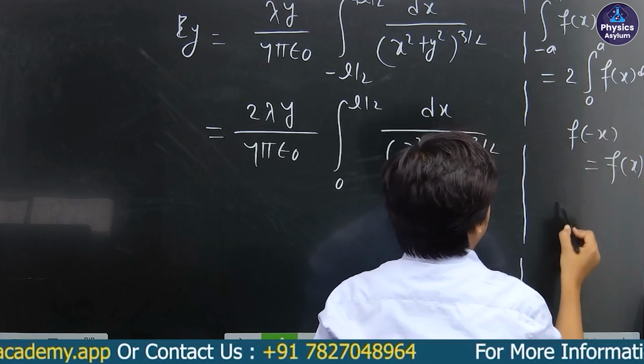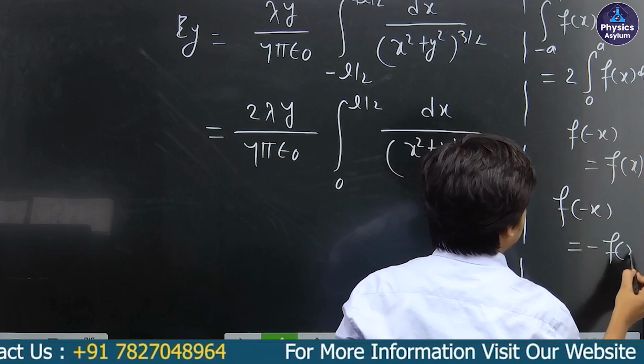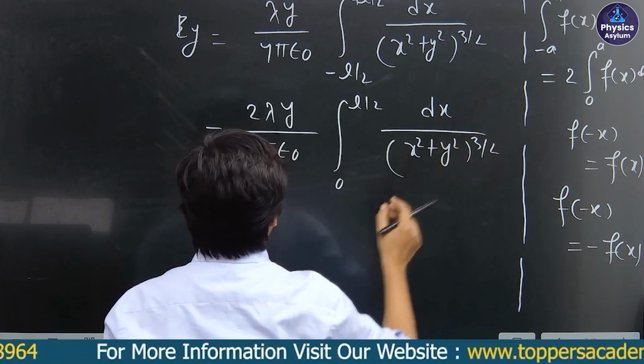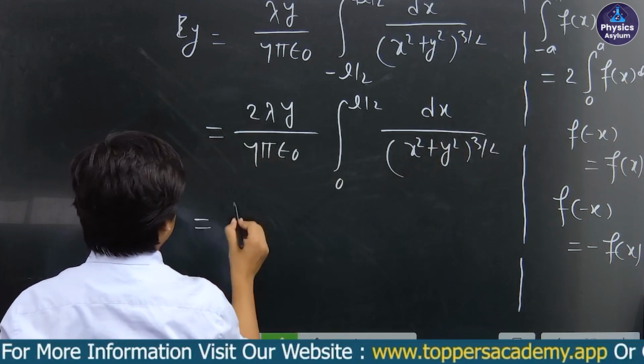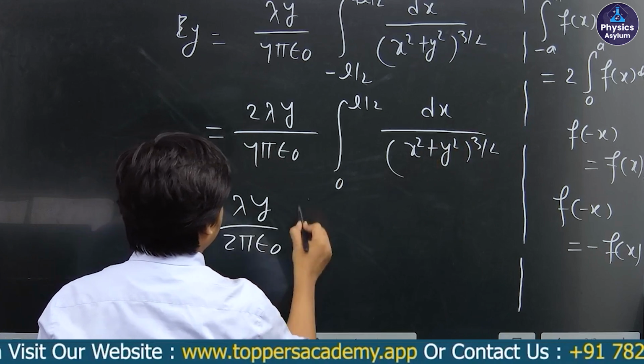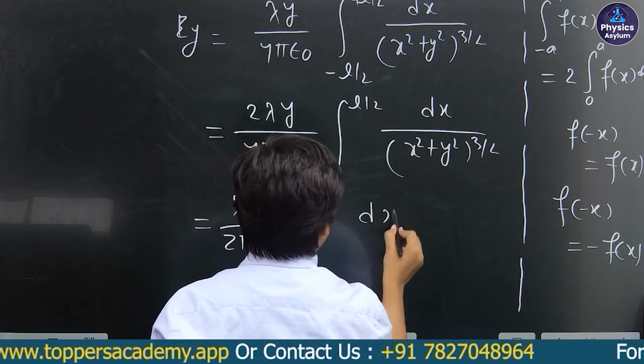And if f of minus x is equal to minus f(x), then this integral will become 0. So using that property I can write this as lambda y divided by 2 pi epsilon naught. Now our task is to solve this integral, right?